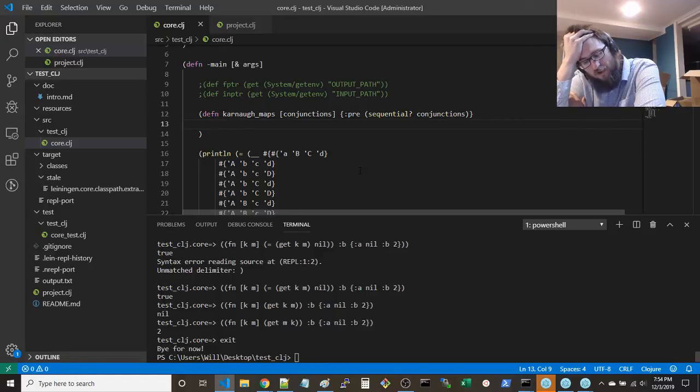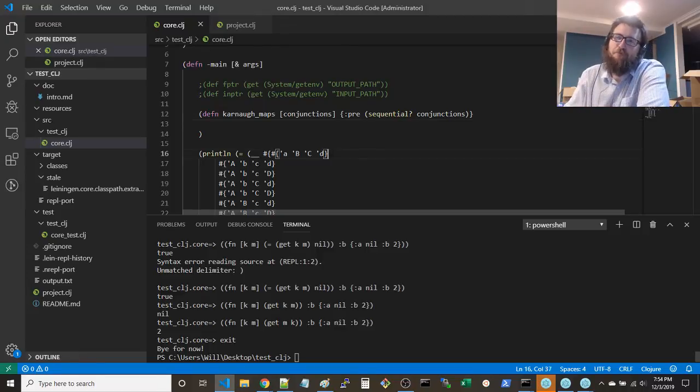I don't know where to even begin. I don't know, man. I could put all of these values into a hash map.